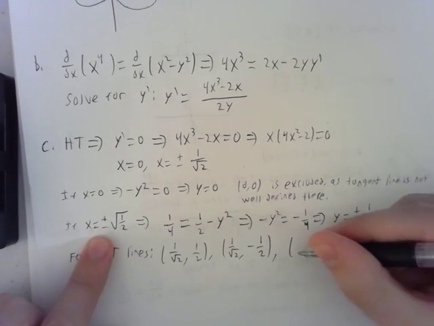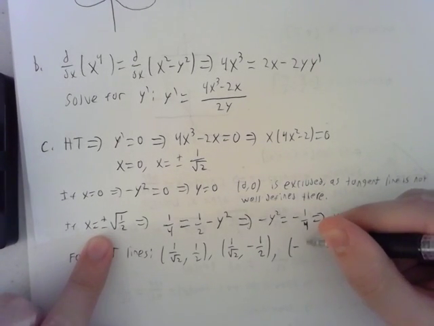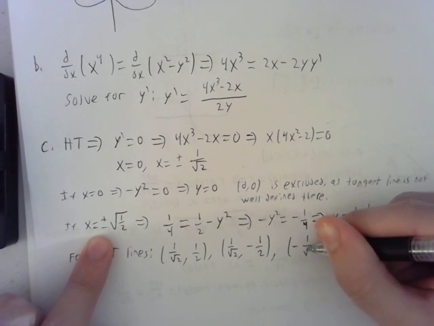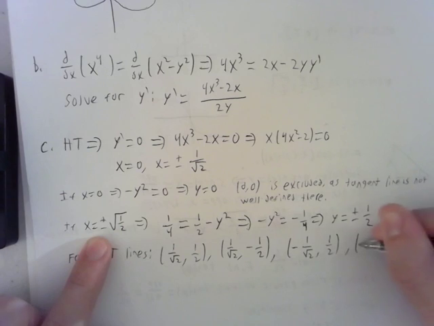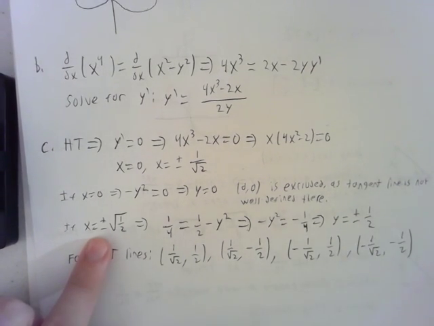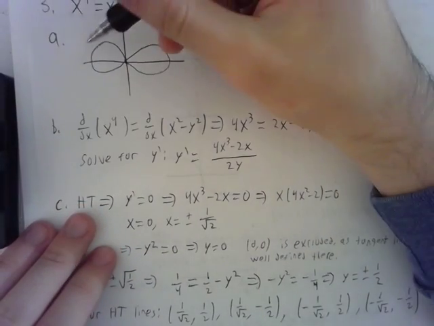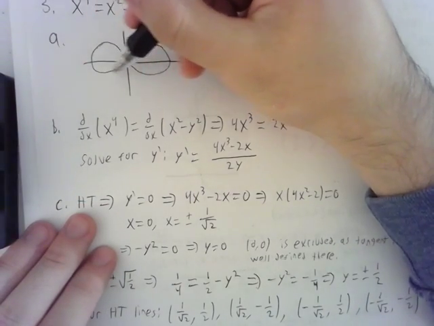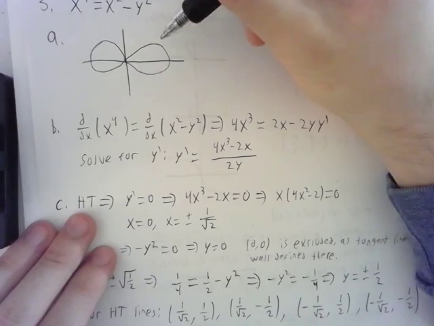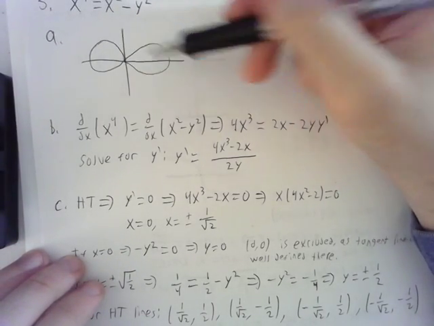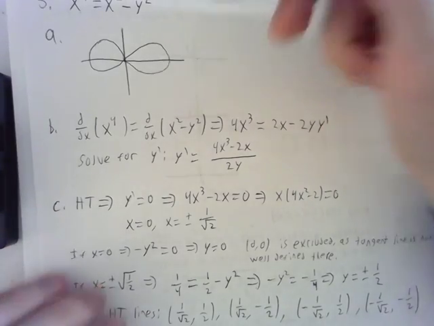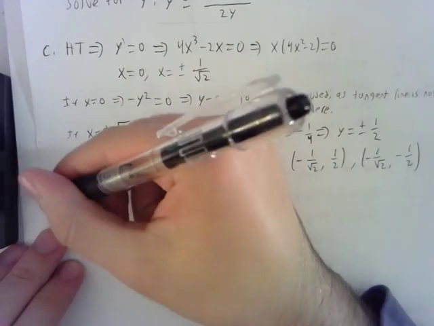Then the other possibilities, we could have negative 1 over square root 2 for x, and then y could be either plus or minus 1/2. And if you look up at the graph, this makes sense because we have a horizontal tangent line at these 4 points, and they differ just based on changing x to positive or negative and changing y to positive or negative. So this is in line with what we see on the graph.